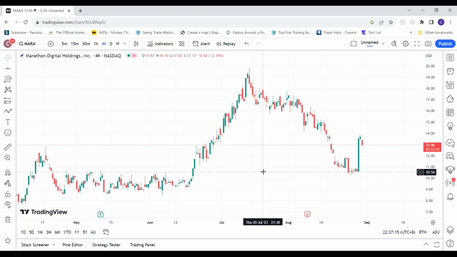So a lot of those crypto companies, there's a chance that price may go up. There's a very high probability, but that's only betting on the fact that crypto generally continues to go upwards.